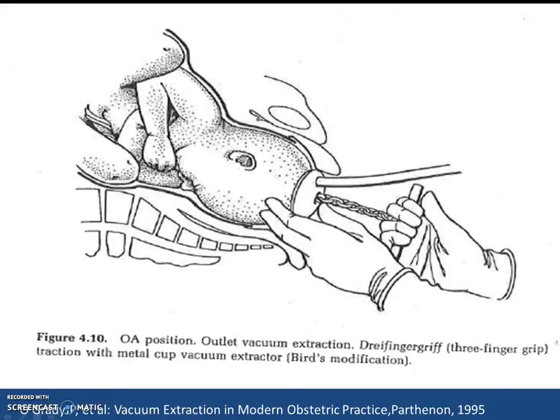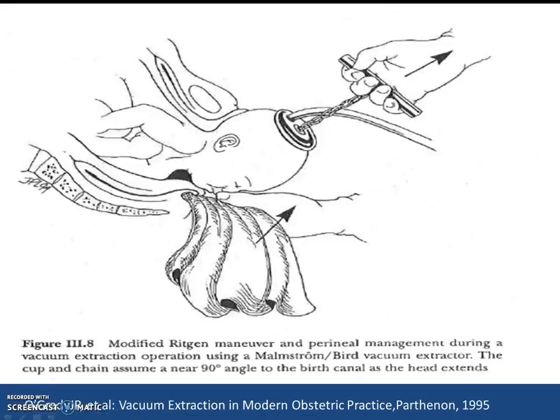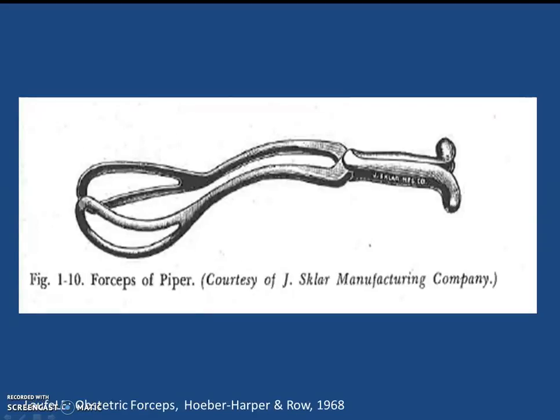In general, 3 pop-offs is sort of the rule that many people use, but there's limited data supporting whether that should be an absolute. And here's the modified Ritgen maneuver being used to basically deliver the head at the end of the traction. The last type of delivery that we'll talk about is the use of forceps on the after-coming head with a breech presentation.